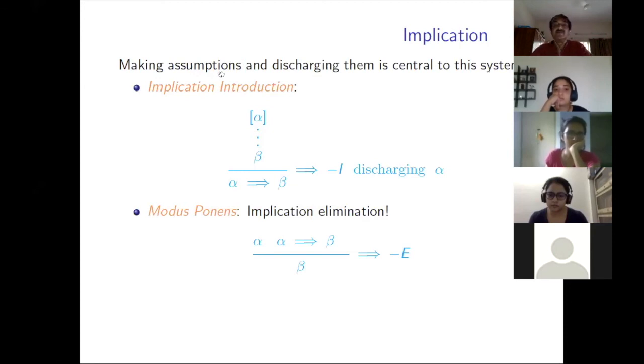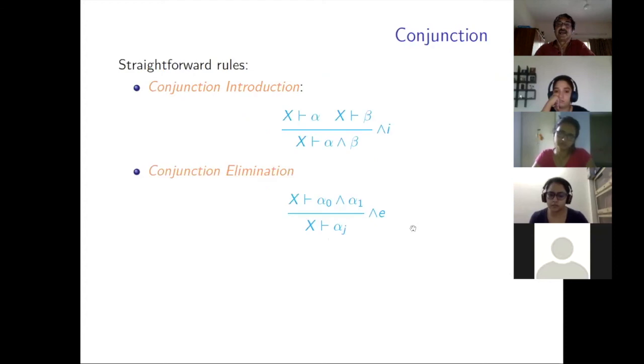Implication: making assumptions and discharging them is central to the system. So this is a notation you better get used to. I make an assumption, put a bracket or put a star, doesn't matter, something saying that this assumption is what is being discharged here. This is implication introduction, discharging the assumption. And implication elimination is simply modus ponens. And then disjunction.